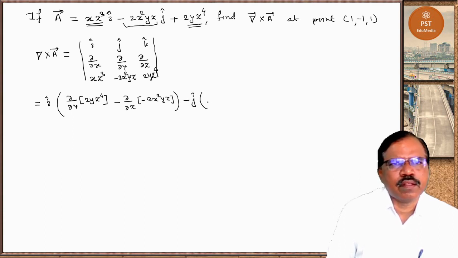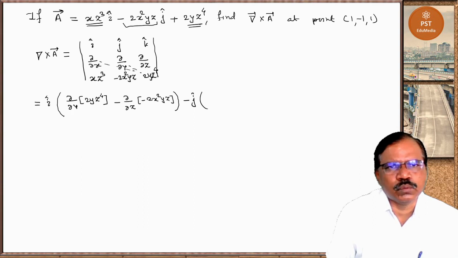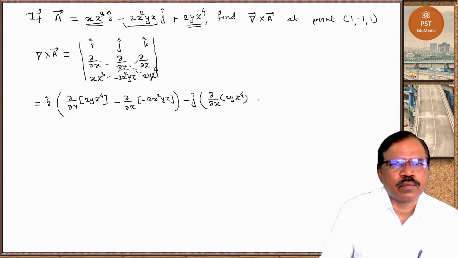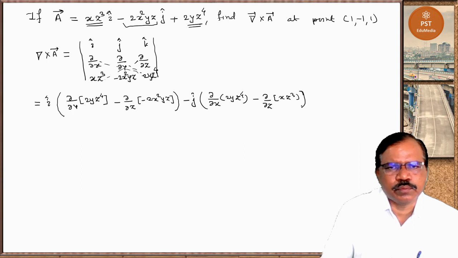Minus j times del by del x of 2 y z raised to 4 minus del by del z of x z cube, plus k times del by del x of minus 2 x square y z minus del by del y of x z cube.